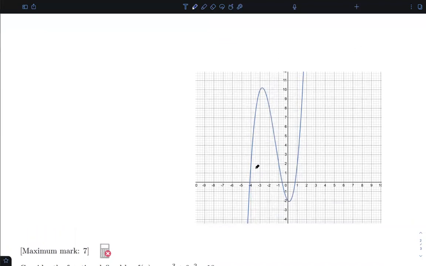As we see over here, this function is increasing in the interval between this value of x to this value of x here. It's an increasing function.